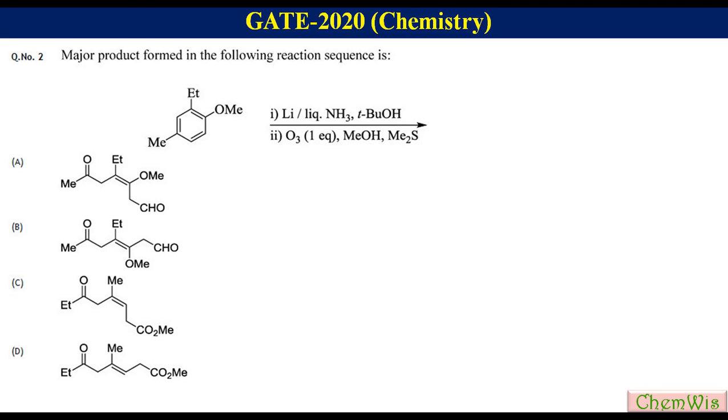In the Birch reduction, the first electron goes ortho to the alkoxy group.